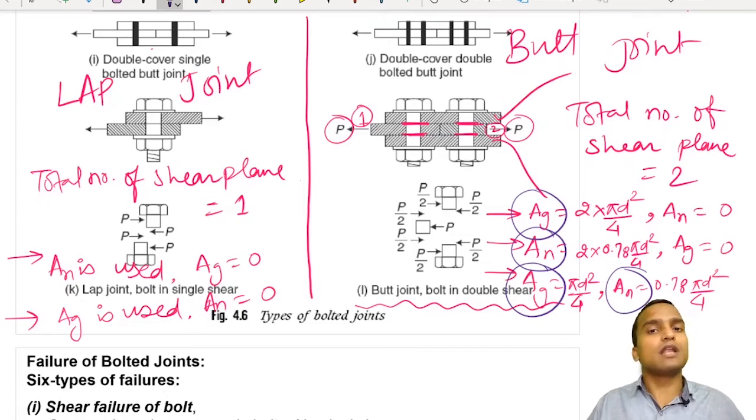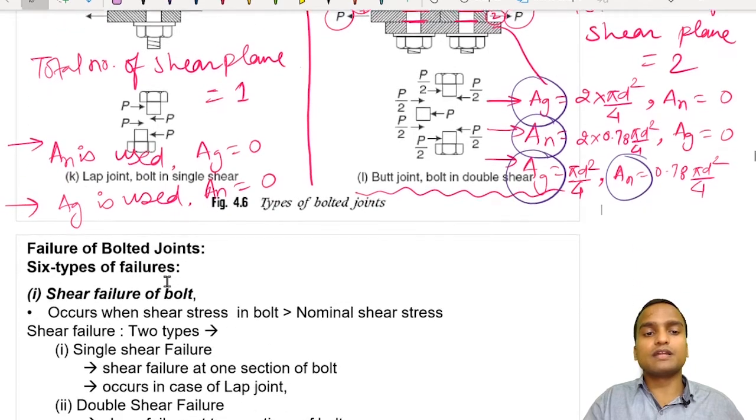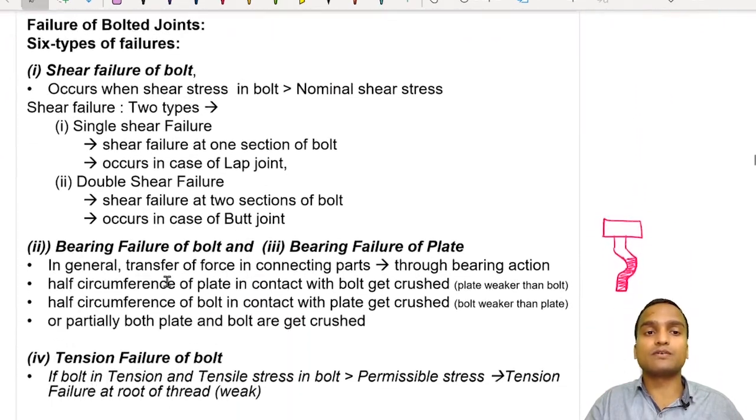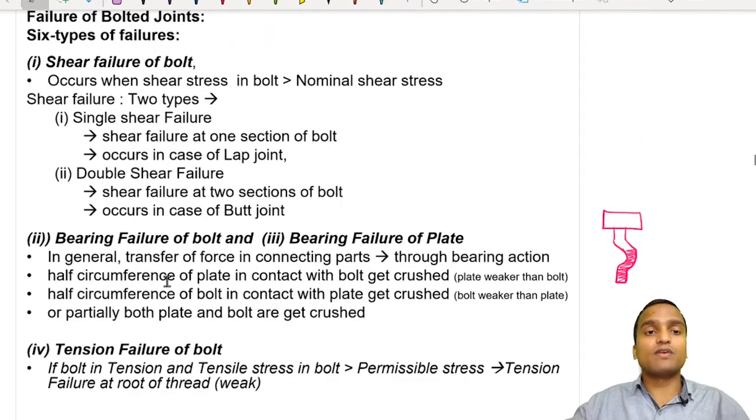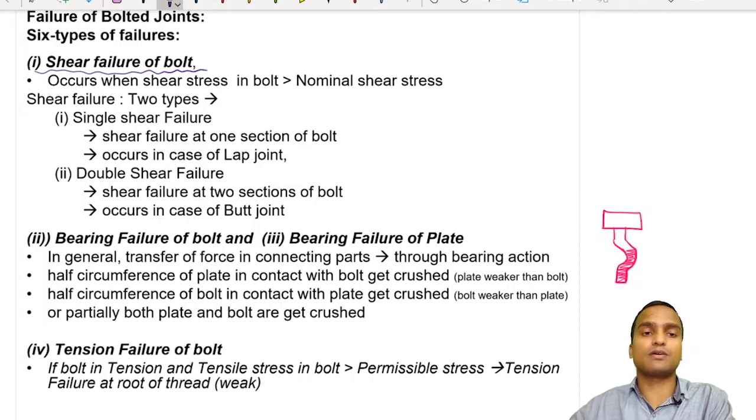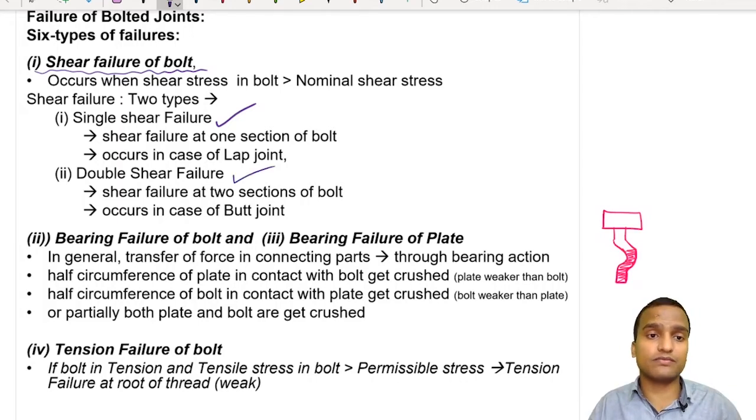Alright, now let us come to the failures of bolted joint. There are 6 types of failures of bolted joint. The very first type of failure is the shear failure of bolt, which we have just seen, because the bolt is cut through the shear plane. In single shear it is single shear failure, whereas in case of double shear planes the bolt fails in double shear failure.